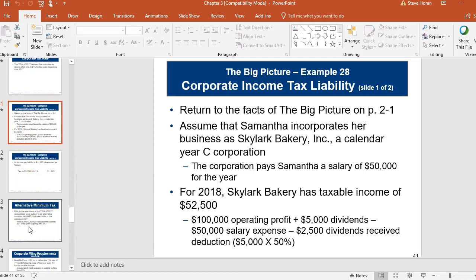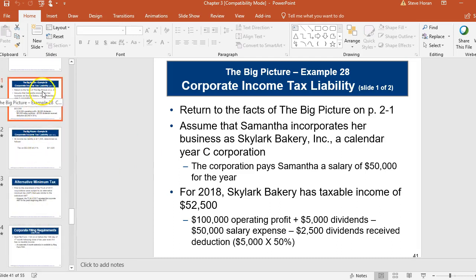And then coming back to the big picture example, return to the facts of the big picture back on slide 2.1. Assume that she incorporates her bakery into a calendar year C Corp, and she takes a salary of $50,000.